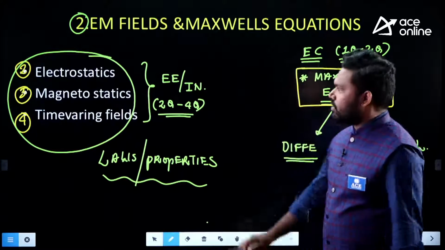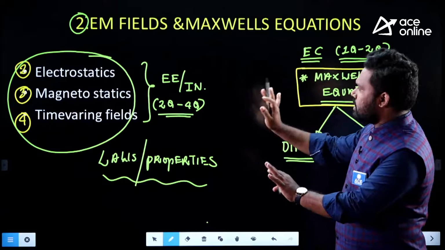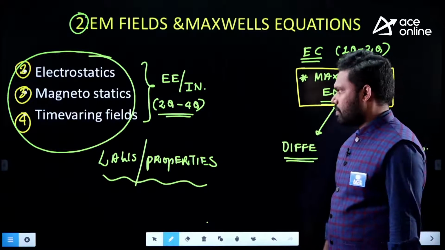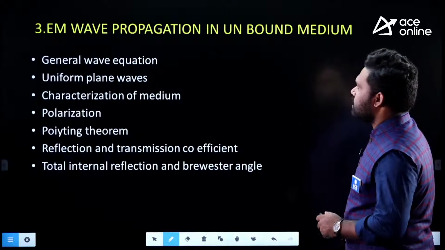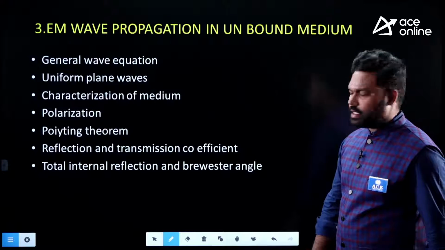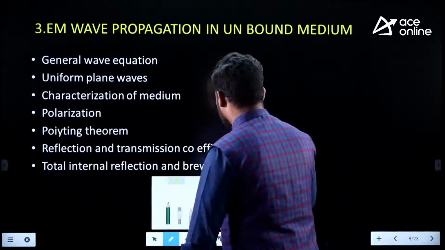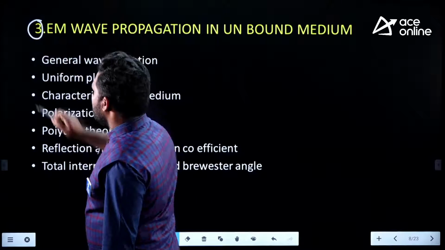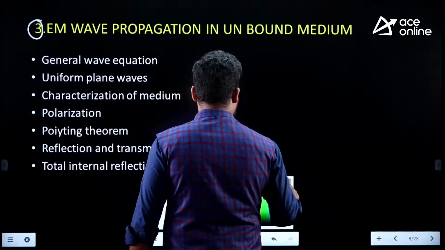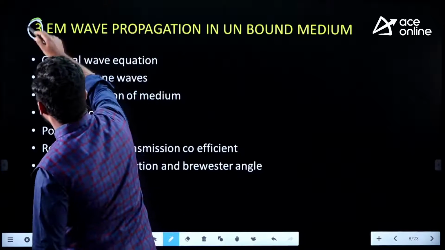Clear? Okay, fine. So this is where the syllabus for the electrical and instrumentation engineering students ends. And then let us focus on the EC students. We'll move on further. For the EC students especially, the actual syllabus starts from here. The core part of the syllabus starts from here.